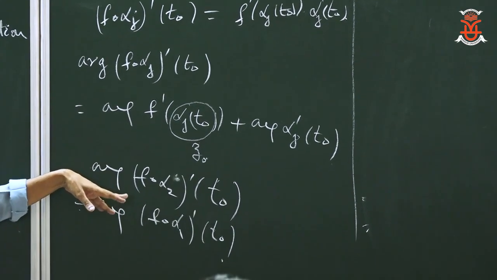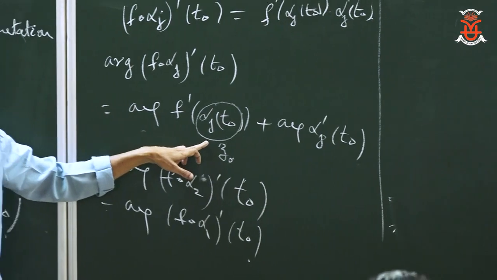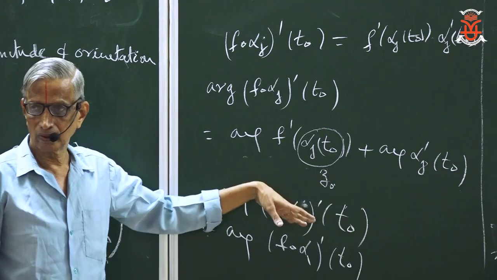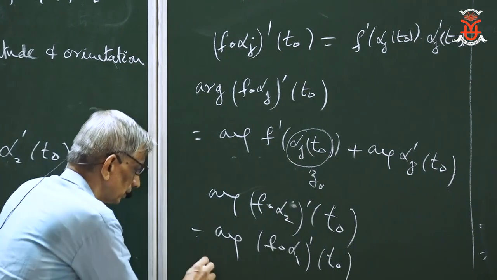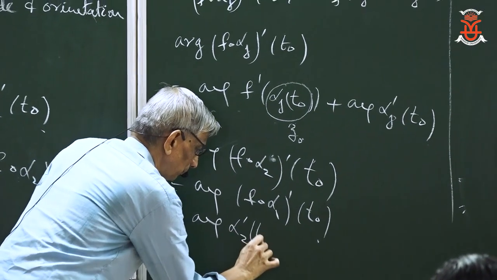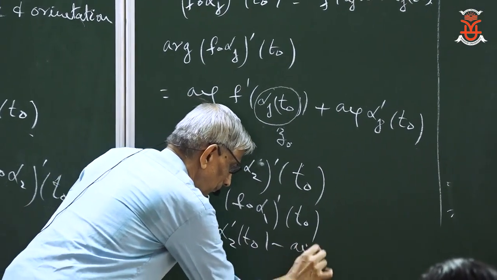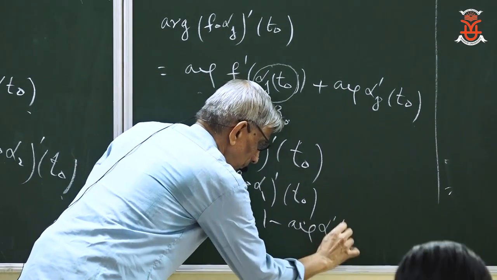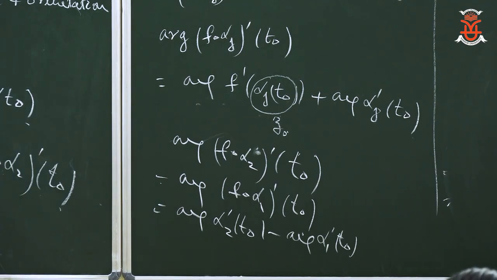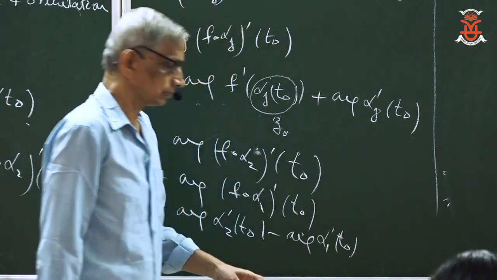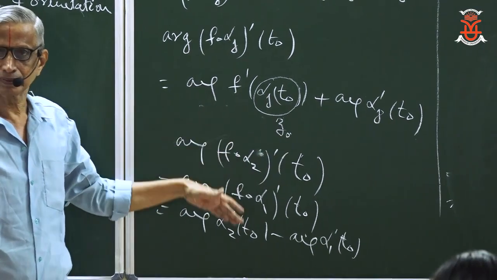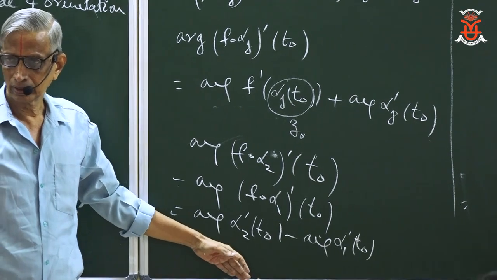So subtract. This is common. F prime z naught, so that will go off and give you, so that means the angle between the image curves is the same as the angle between the original curves.